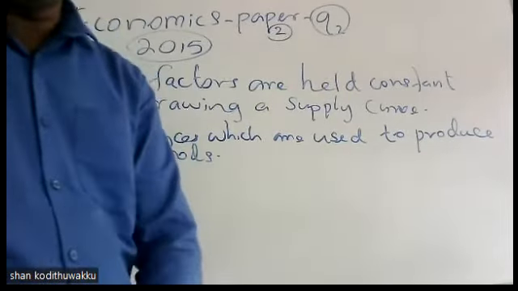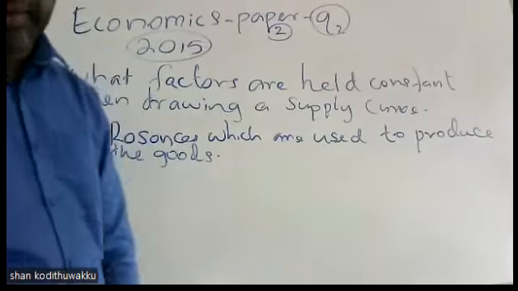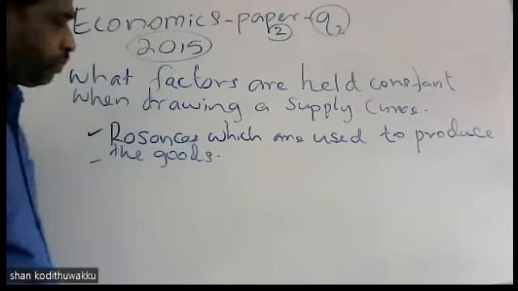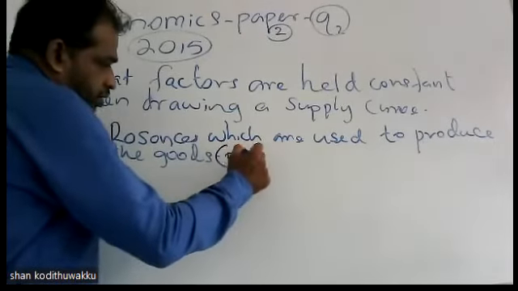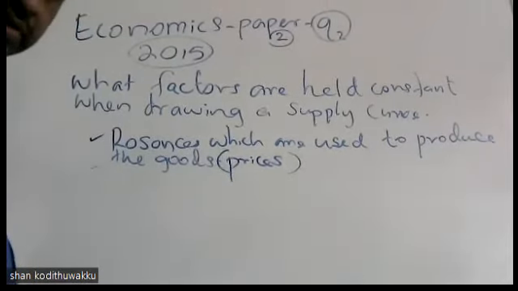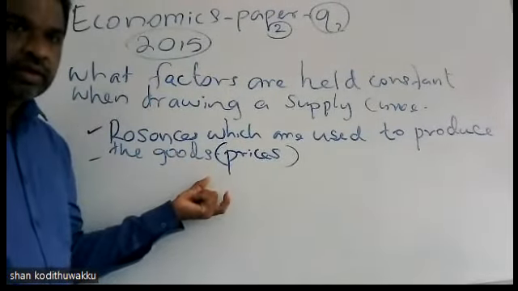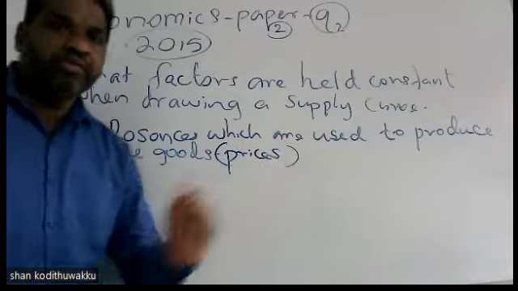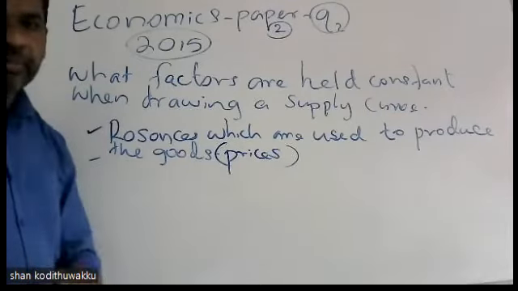We assume that resources are held constant and we can't increase them. That also means the prices of resources which are used to produce goods and services remain constant, because our cost of production will depend on prices of the resources.